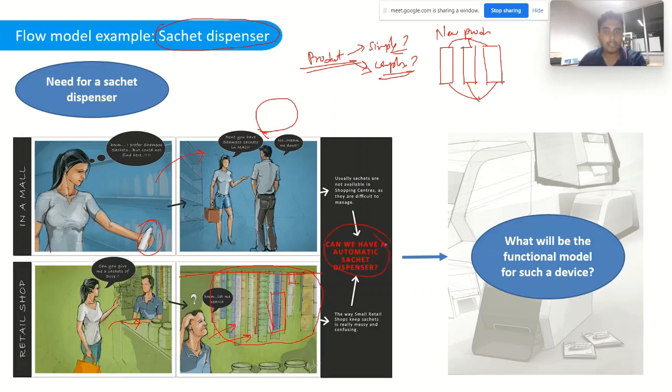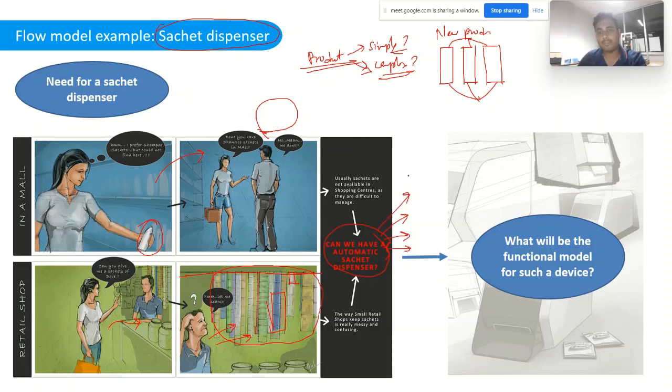Okay, so that's the initial scope that we formulate at the initial phase of product design. Then we have to come up with functional modeling after we set the specifications. For example, we have set certain specifications.